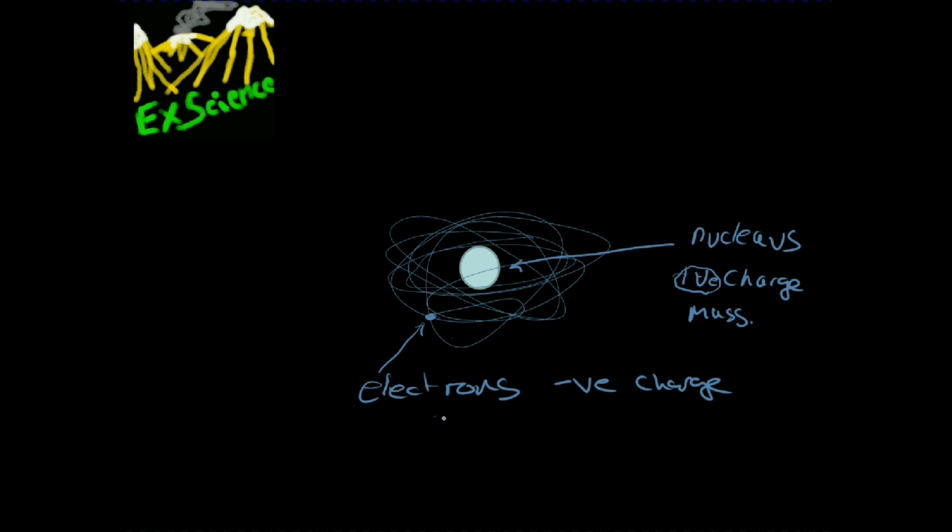Electrons are negatively charged and have a much smaller mass. The nucleus itself is made up of two kinds of subatomic particles, neutrons and protons.